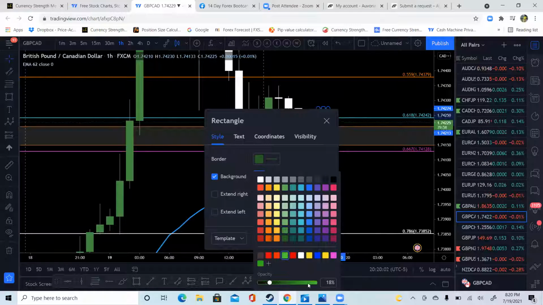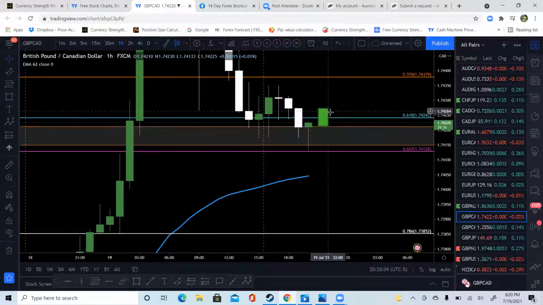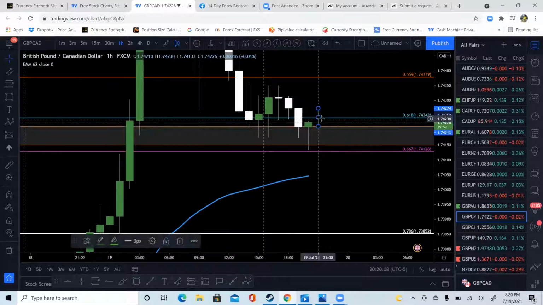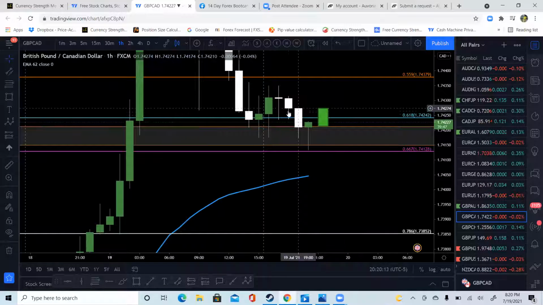What if the next candle is like this? Where you got something like that going on as your next candle. Then you have your candlestick formation as maybe a final confirmation.